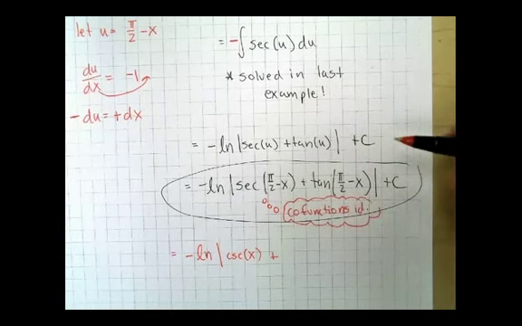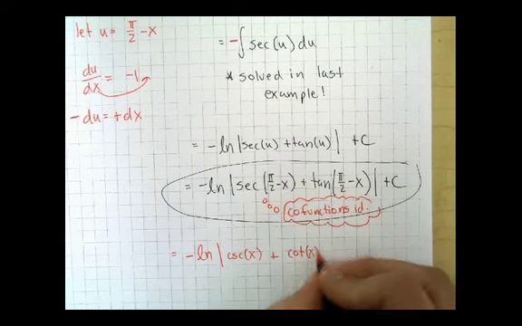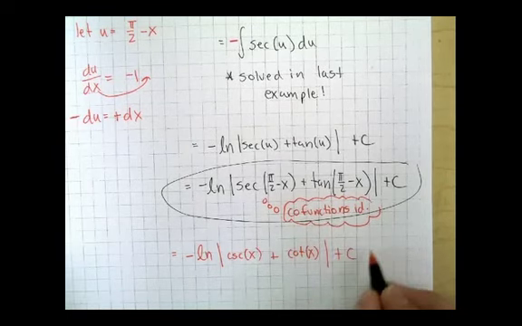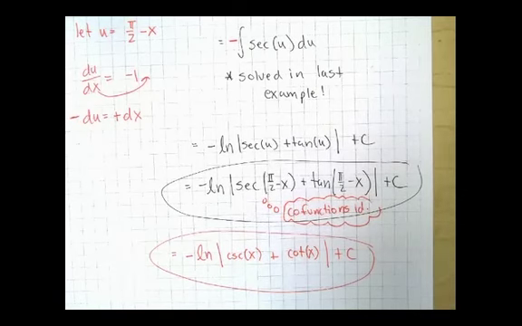If you look at your cofunction identities, this is the exact same thing as cotangent of x, plus c. You could say this is your final answer. Mathematically, the two circled answers are the exact same thing. I've just rearranged them.